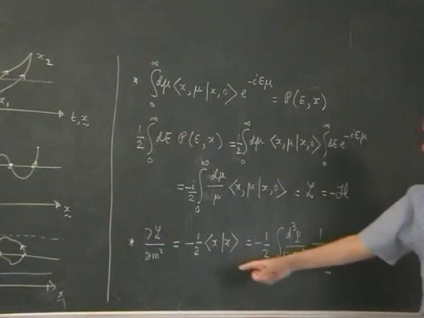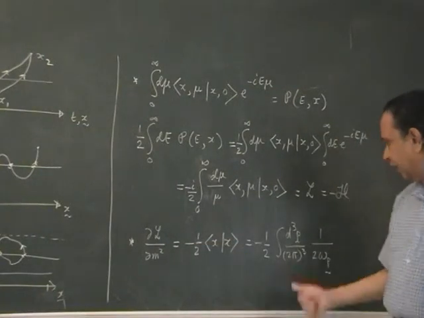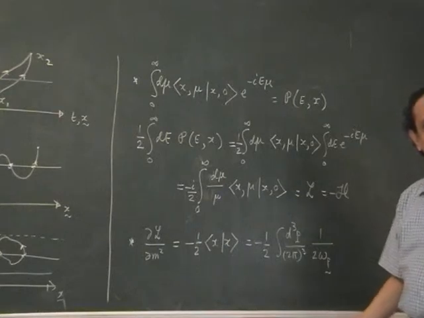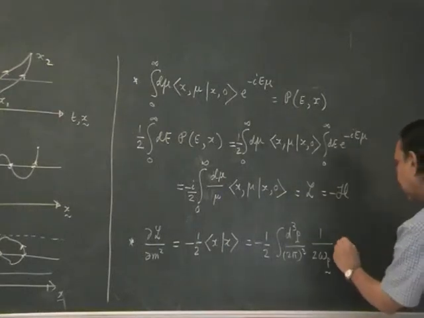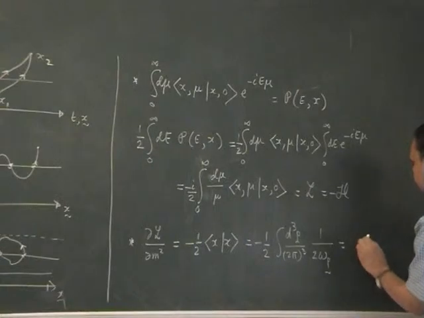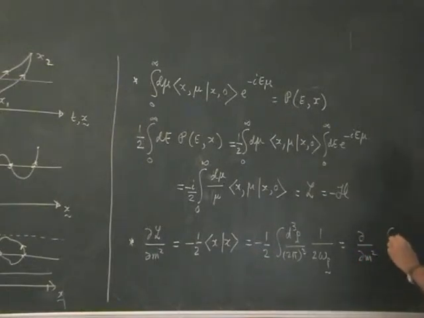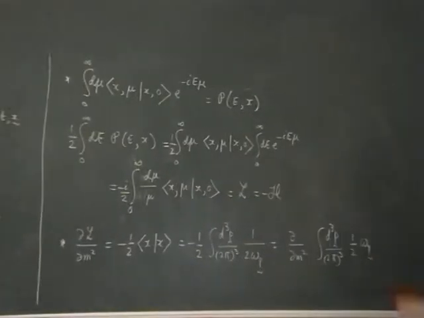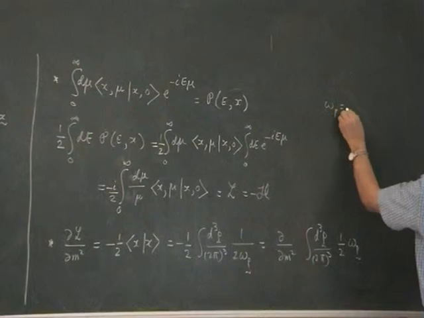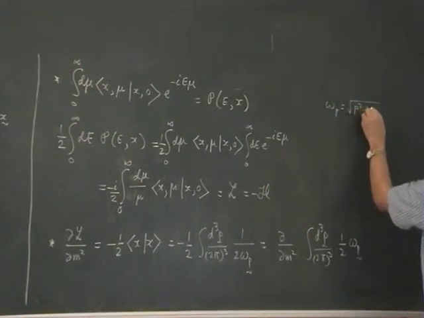What is this? Left hand side is d by dm squared of something. So I would like to write this as d by dm squared of some quantity. So let us look at this as d by dm squared of integral d3p upon (2 pi) whole cube, half omega p. Suppose I do the derivative. Omega p is square root of p squared plus m squared.